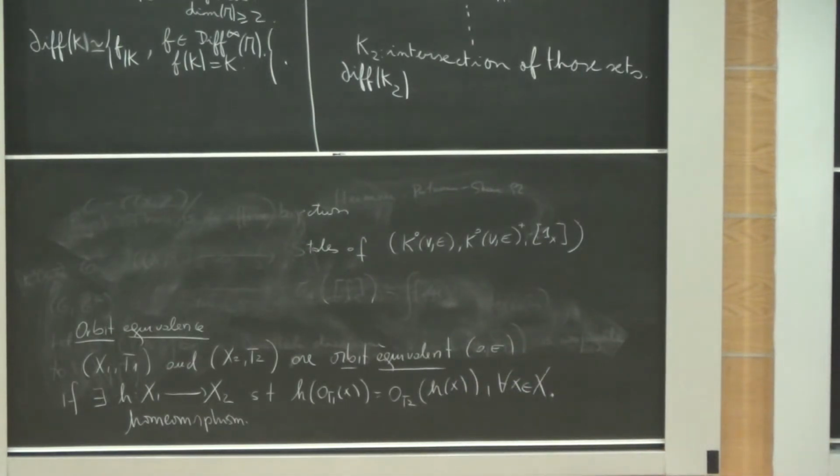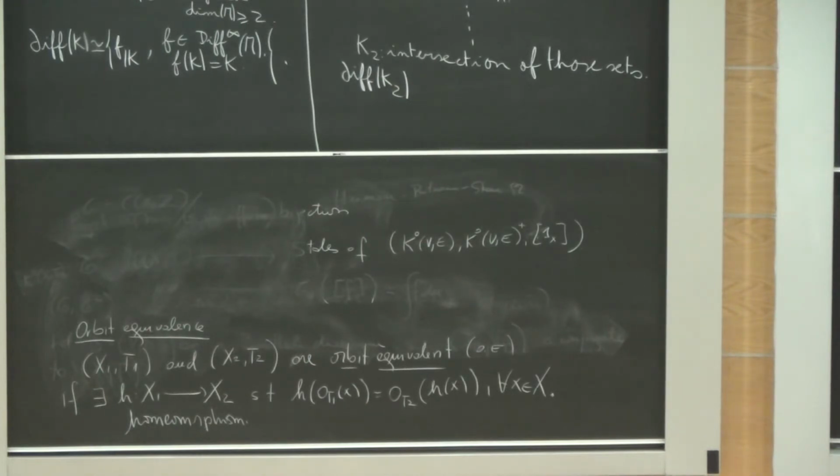If the systems are not strong orbit equivalent, you have more points of discontinuity. If alpha and beta are continuous, and this is a result from Mike Boyle, this is equivalent to being flip conjugate.